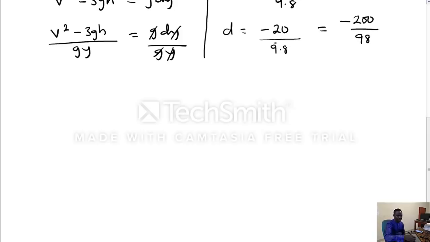Why did I multiply both the numerator and denominator by 10? It is to make the denominator become a whole number, and when you do the same to the denominator, you also do the same to the numerator.